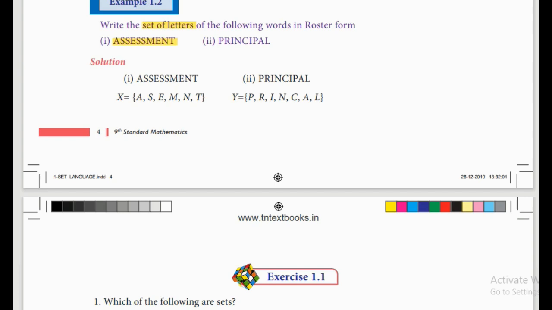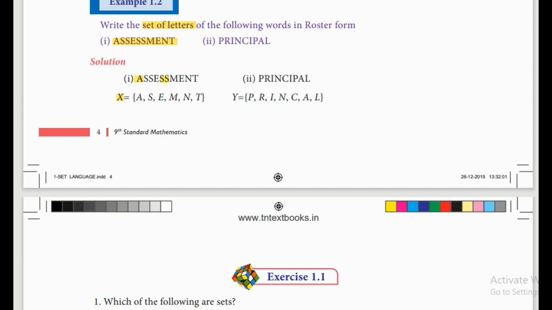So capital X equal to set of all, because it is a set, so you can use capital X. The elements are letter A. Then next letter is S. Again next letter is S, you need not write that because we already wrote the S. Then E. Then again two S's are there, already written. Then M. E already written. N. T. I hope you understand that. The same principle.